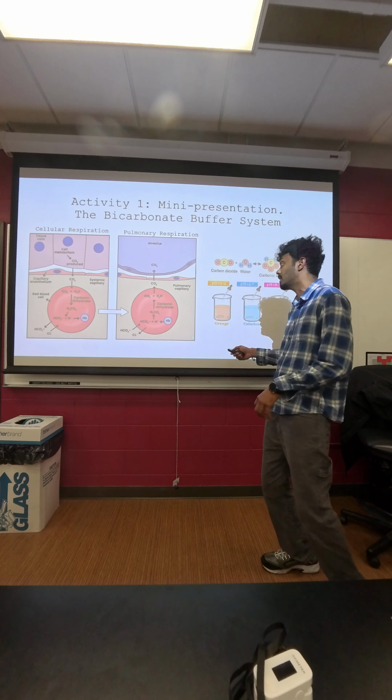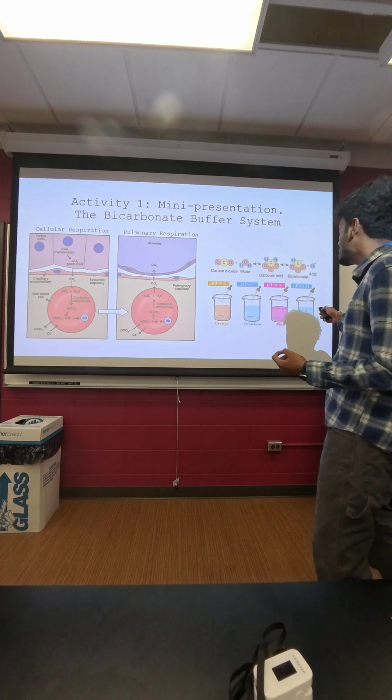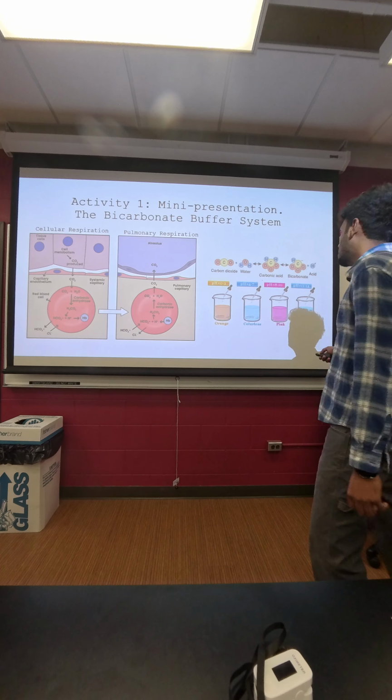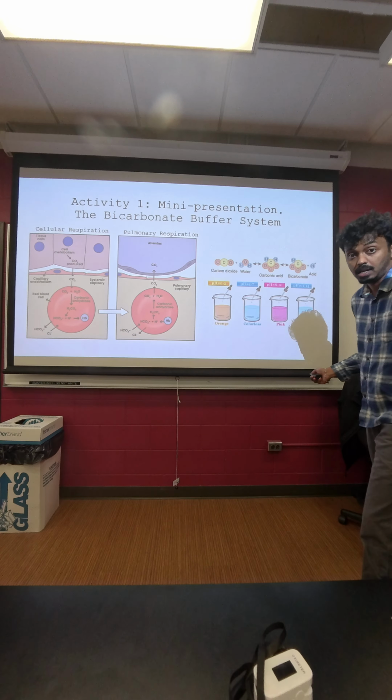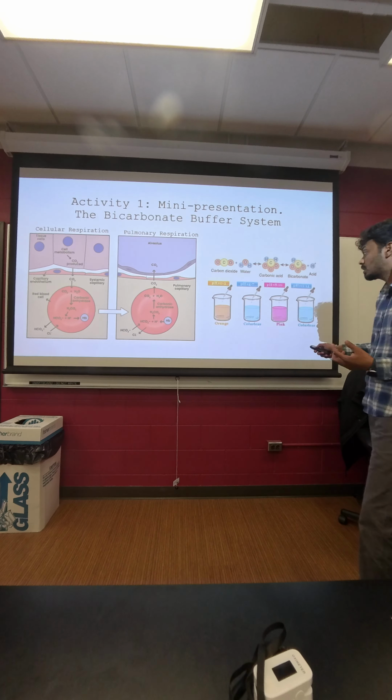So in an experimental setup, the way to understand if the CO2 is converted into bicarbonate or not is by using a phenolphthalein indicator. The purpose of this indicator is to change color when there is a change in the pH.